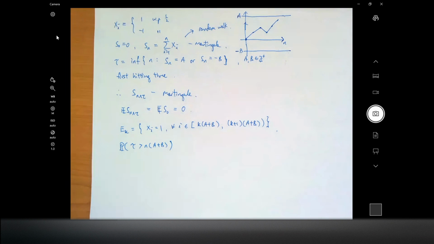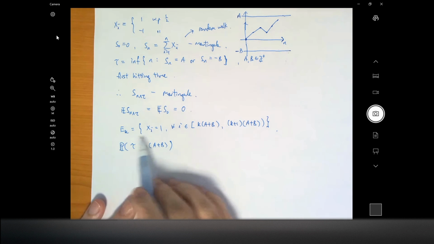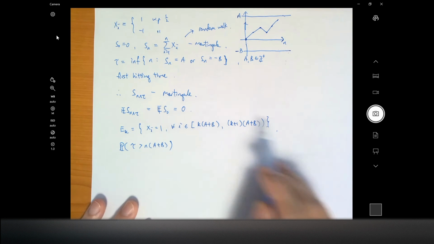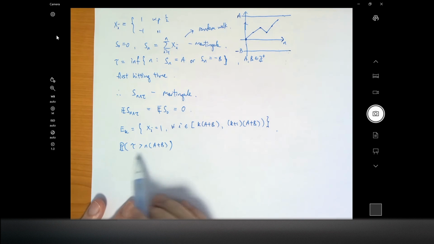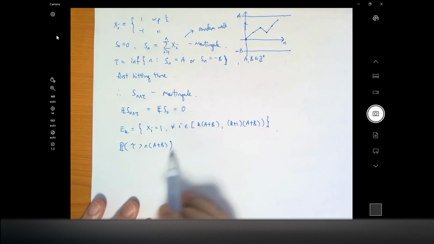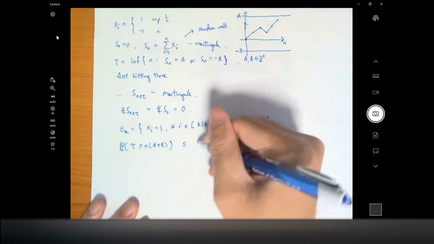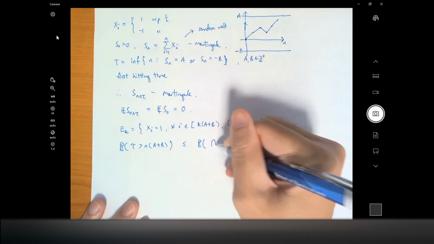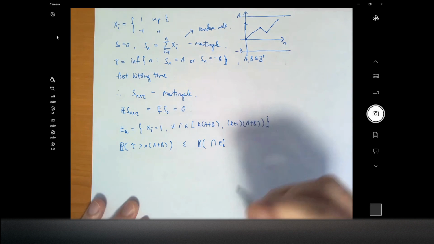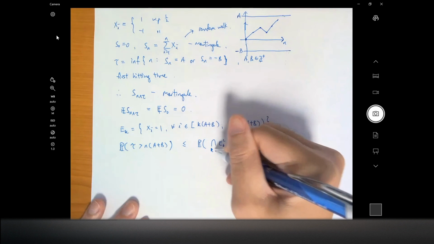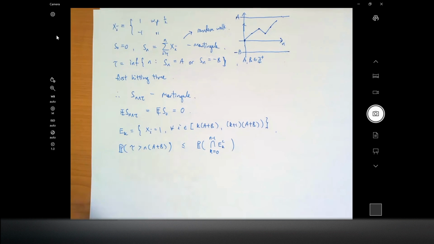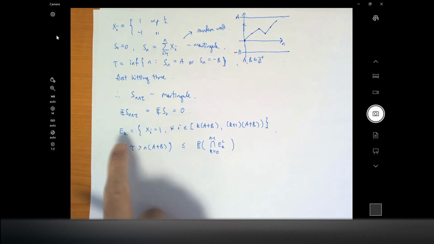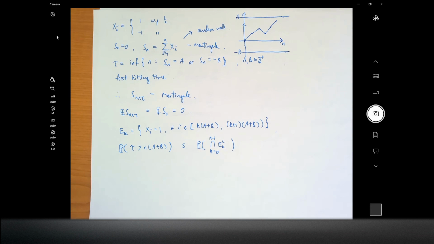For this to happen, that means none of these events happen. If none of these events happen, then my tau will be bigger than this, so it will imply this event. So this probability will be smaller than the probability that none of the Ek happens, the complement of this, for k going from 0 to n minus 1. So the event E0 doesn't happen, E1 doesn't happen, E2 doesn't happen, and so on.